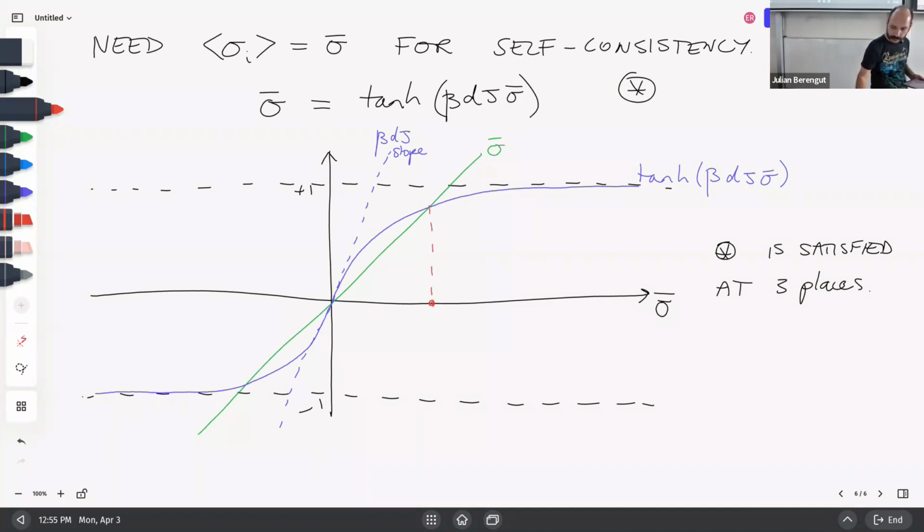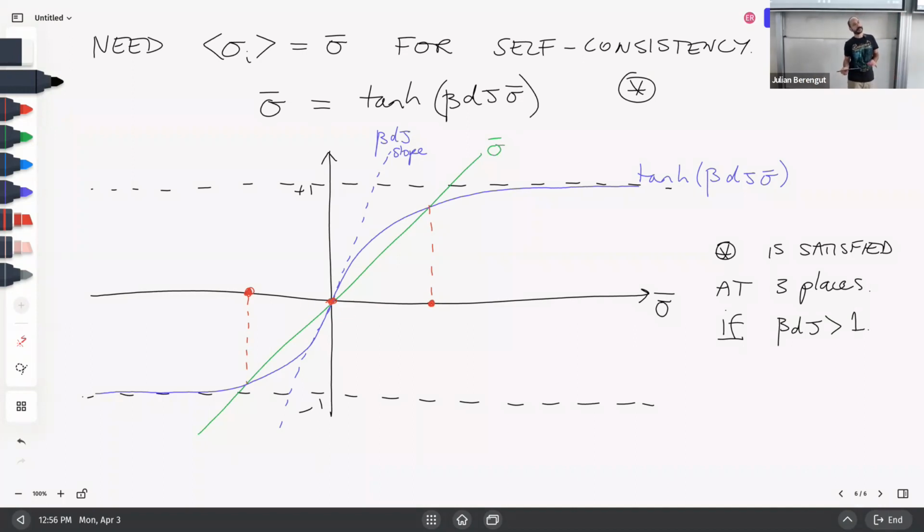Here, here, and here. So at these 3 points, I can satisfy this equation if I have beta DJ greater than 1. So we satisfy it in 3 places if beta DJ is greater than 1.